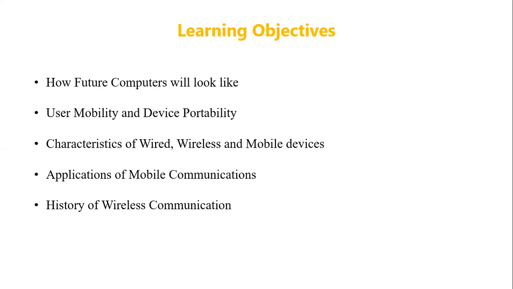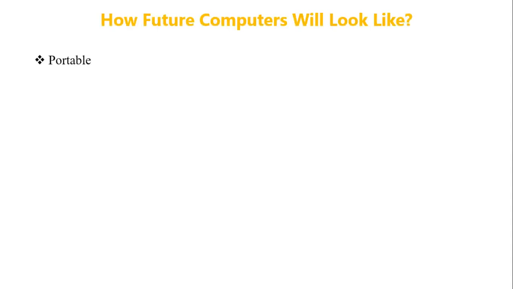So let us start with the introductory session. First let us try to understand how the future computers will look like. From the past, if you see, originally in the 1960s, when the computers were introduced, they were huge machines which occupied a big room.